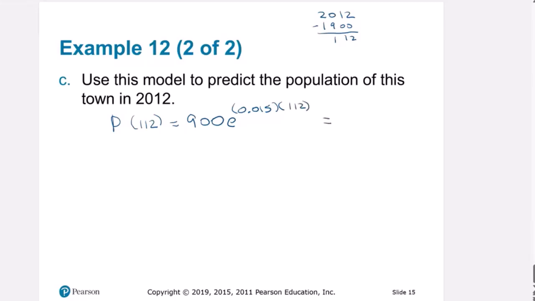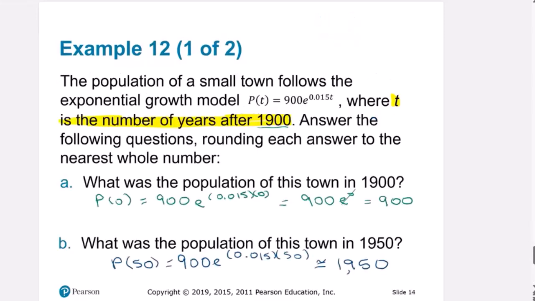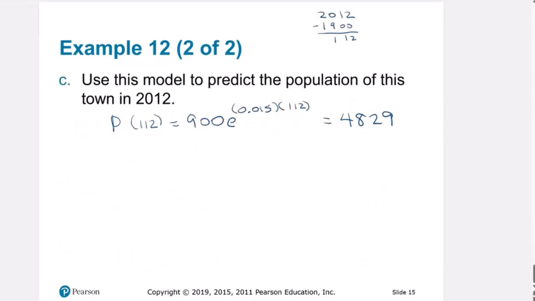And if you do this on your calculator, you'll get approximately 4,829 people. Wow, that grew pretty quickly. First 50 years, I only grew by 1,000 people. But in the second 50 years, I grew by almost 3,000 people.